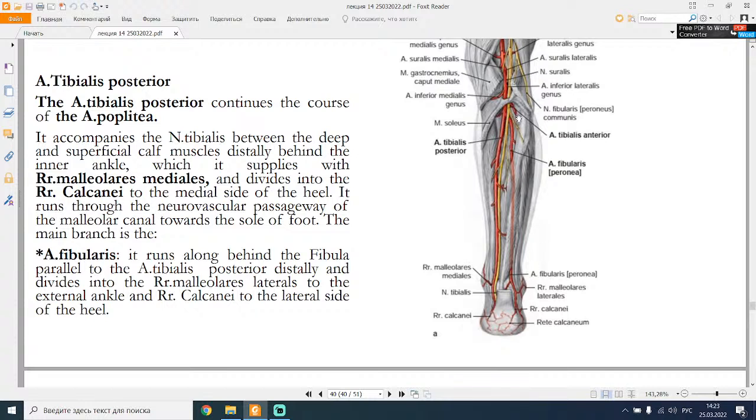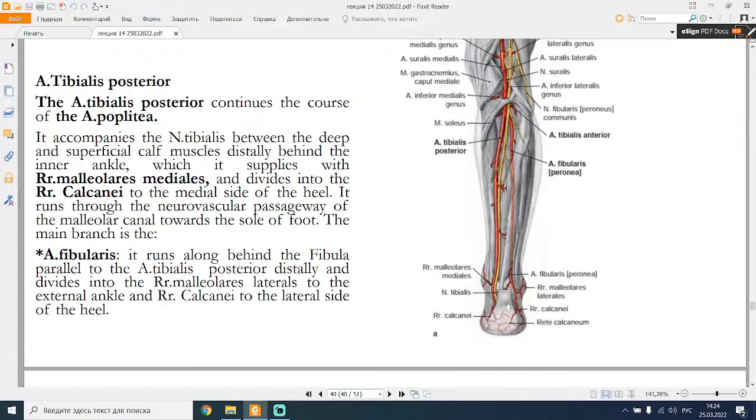It runs along behind the fibula parallel to the arteria tibialis posterior distally and divides into rami malleolaris lateralis to the external ankle and rami calcanei to the lateral side of the heel.